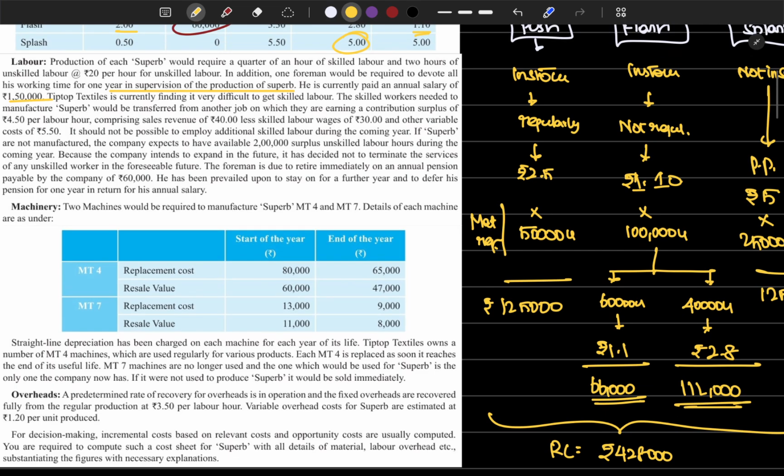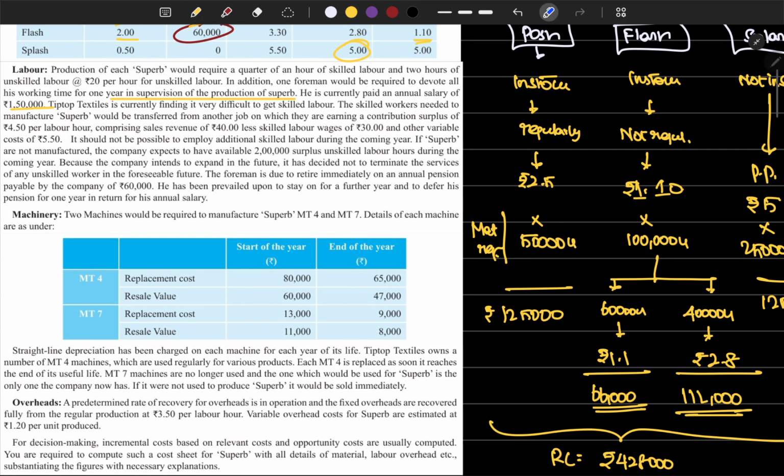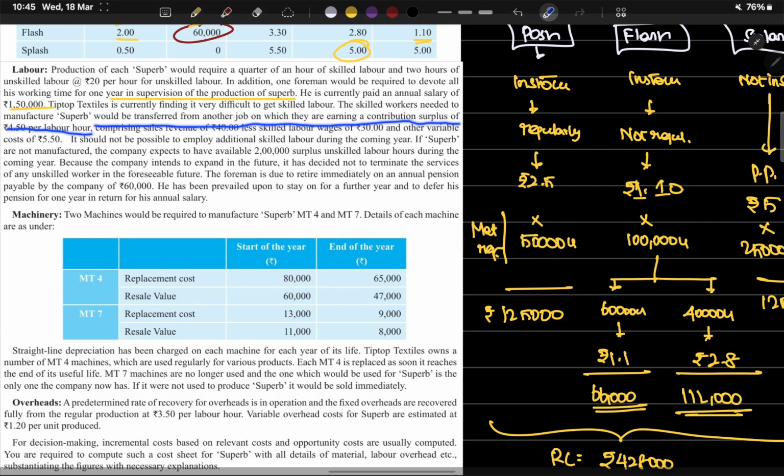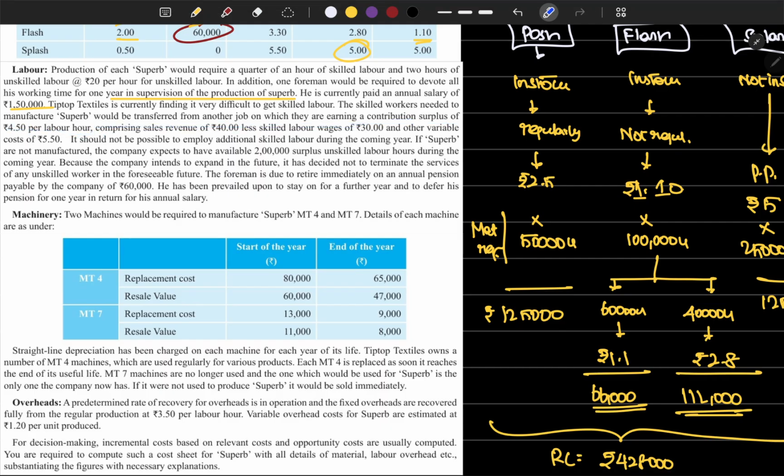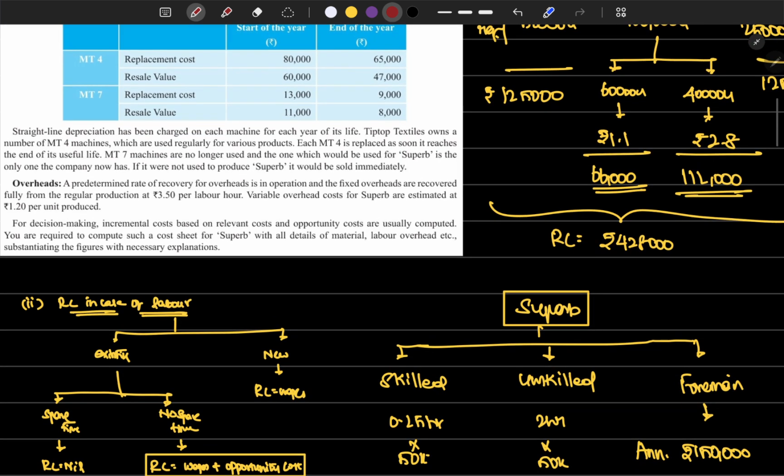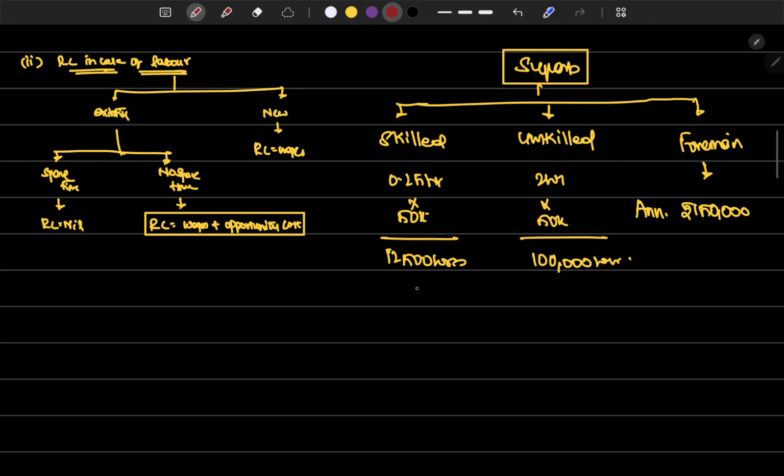Now the skilled labor. Tip Top Textiles is currently finding it very difficult to get skilled labor. The skilled labor needed to manufacture Superb would be transferred from another job, where they are earning a contribution surplus of 4.5 per labor hour. What they are saying is, the existing employees don't have spare time, no spare time.